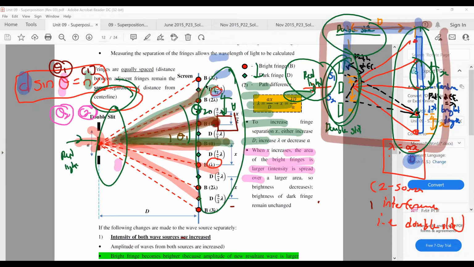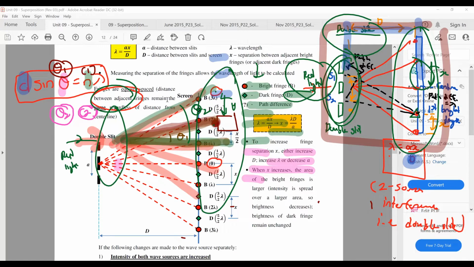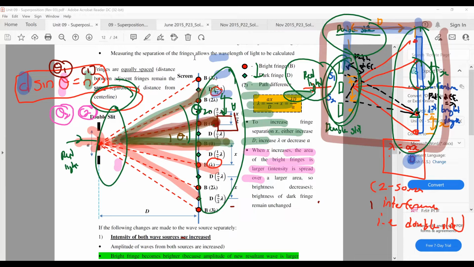Let's say under page 12, there was a summary of the double slits. I told you the fringes are equally spaced. The distance between adjacent fringes remains the same regardless of distance from the center line.